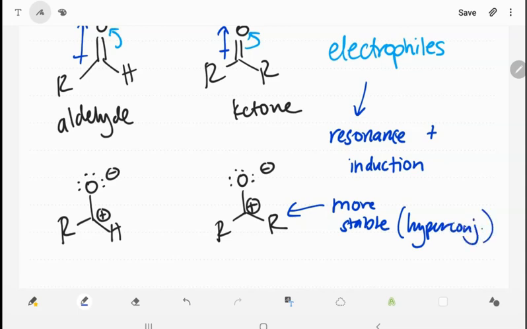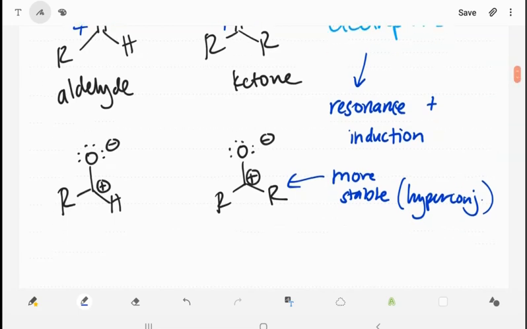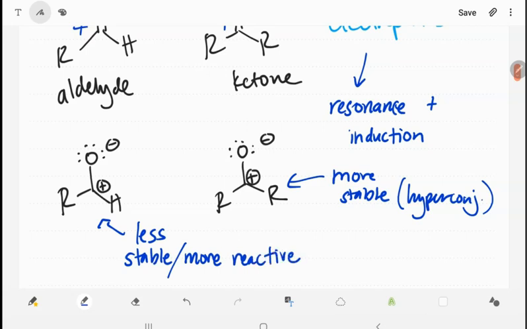Because those carbon groups can donate electron density towards that positive carbon, they're going to help stabilize it. The aldehyde one has only 1 carbon group on it, so this will be less stable, and therefore more reactive. So aldehydes are much better electrophiles than ketones are.